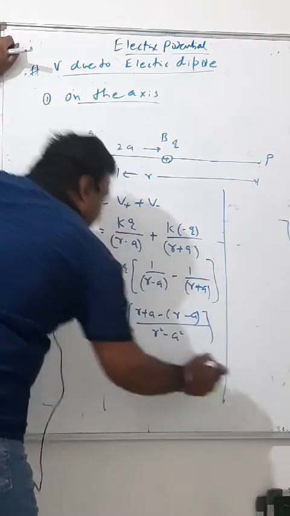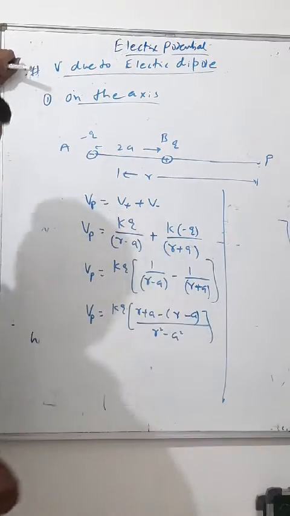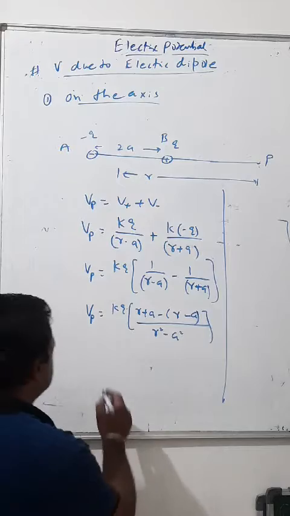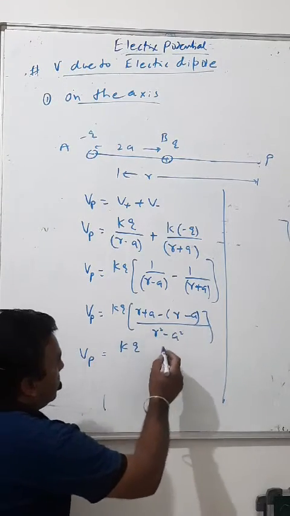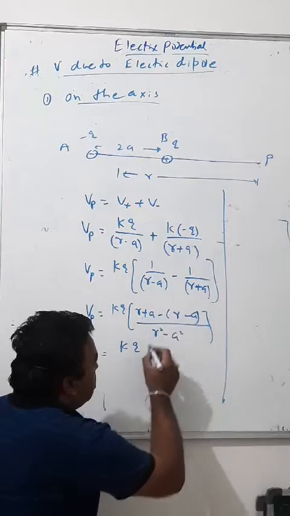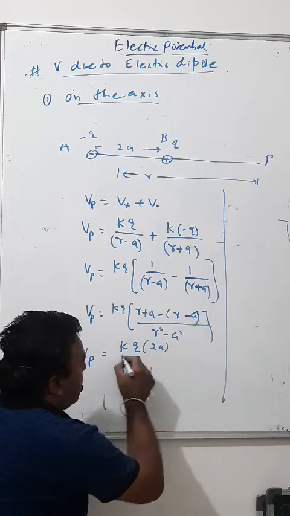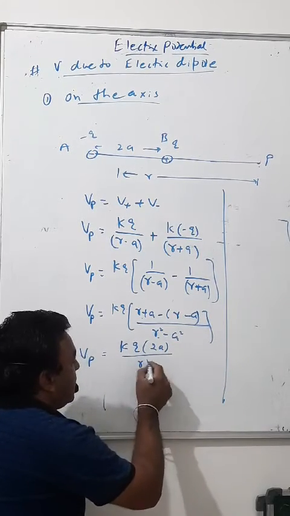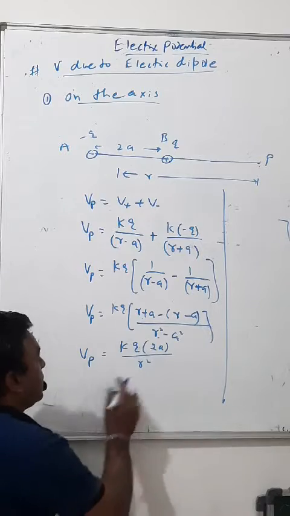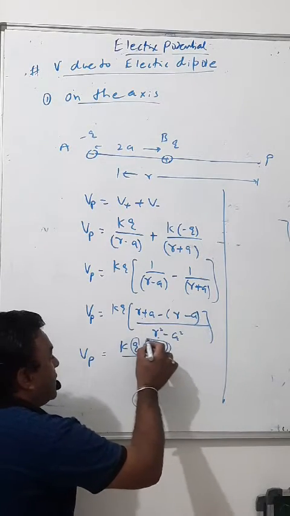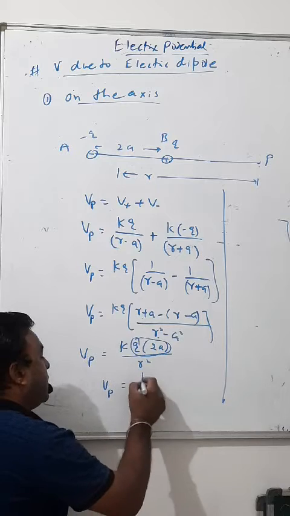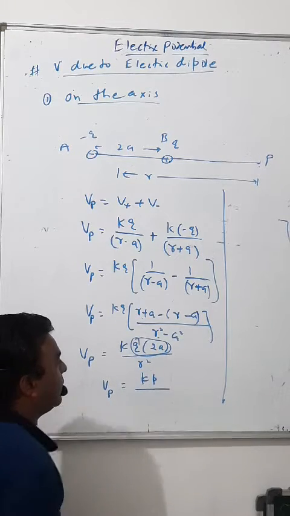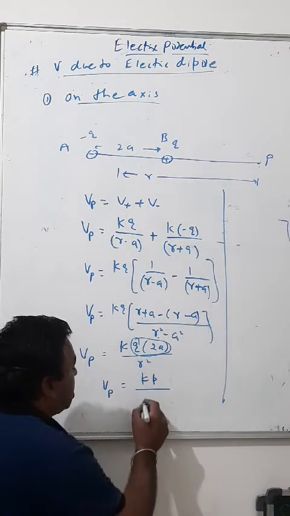I have finally this equation. Look here. It is what? VP is KQ. R to R cancel, I have 2A. R square minus A square is approximately R square because R is far greater than A, then Q into 2A becomes P, and I have KP upon R square.